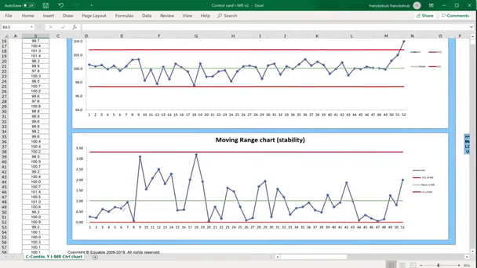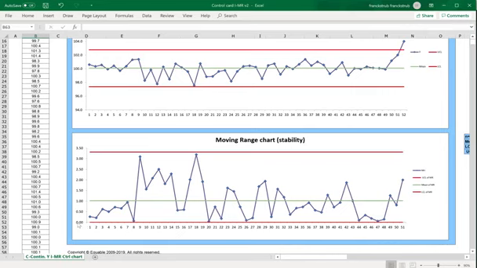collected or computed n minus 1 moving ranges when we have n individuals above. We can compute the average of the moving ranges, which we call the mean of MR, in green, and we display it. And we can compute the standard deviation of your moving ranges, and so 3 standard deviations above the mean of your moving ranges and 3 standard deviations below.